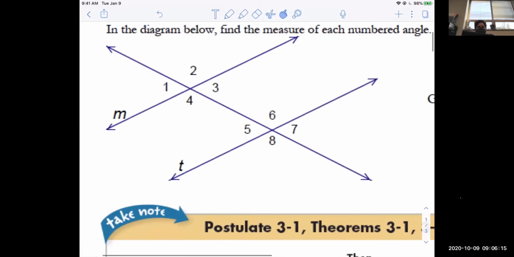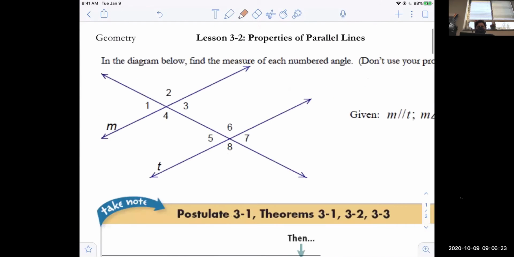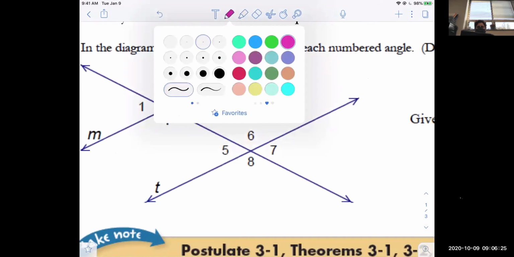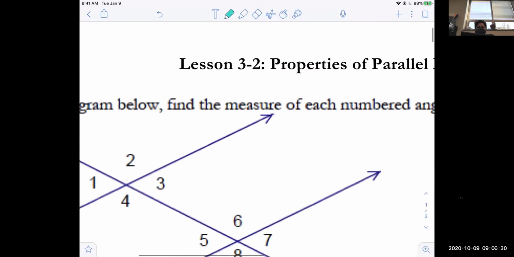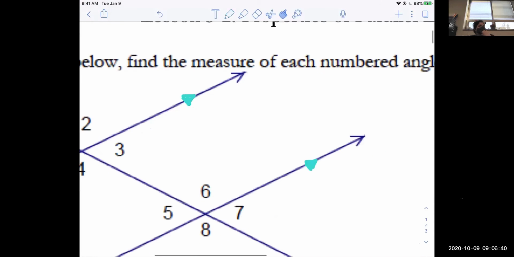Okay, so we're going to go through this problem where the given information is that M and T are parallel, and you're also told the measure of angle 1. I'm going to mark on the picture that we know those are parallel lines. I think I told you in section 1 that we show lines are parallel by putting arrows on them.